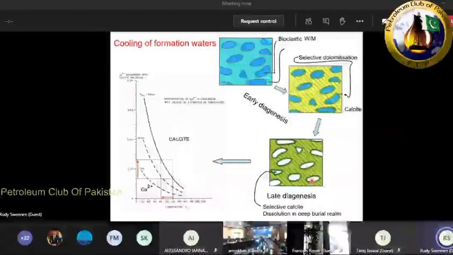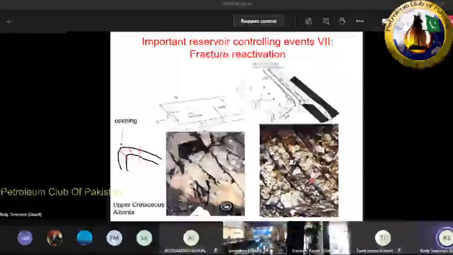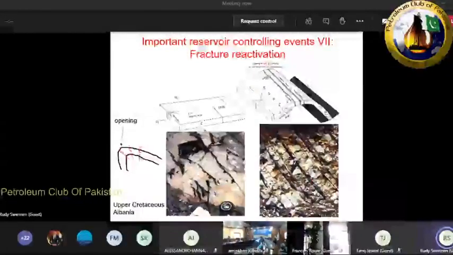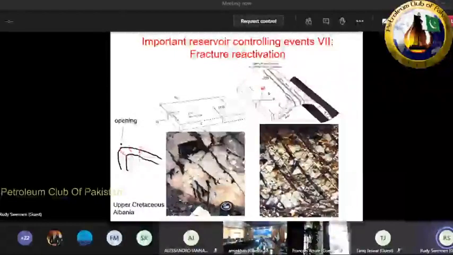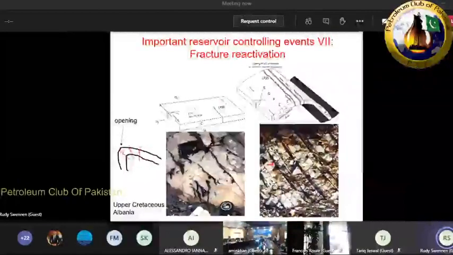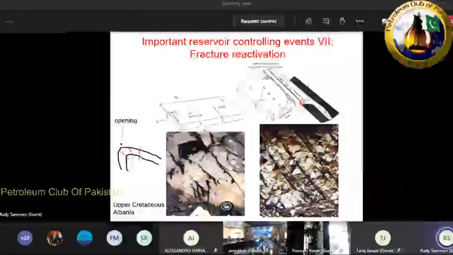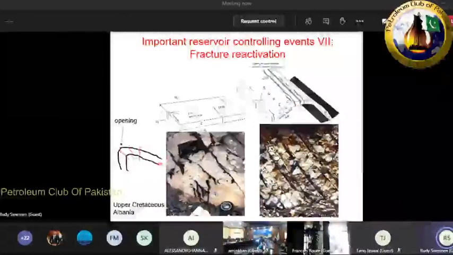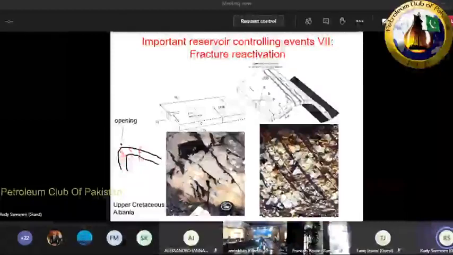You can even think that if you have a thrust sheet at 5 kilometers depth and you bring it to 2 kilometers depth, you don't even need real fluid flow. The fluid which is present will cool and will potentially create some secondary porosity. And then obviously reactivation of the systems, the fractures as well as the layer parallel shortening, some pictures that Francois already showed. These reactivations are very important, and especially if you have steep anticlines.